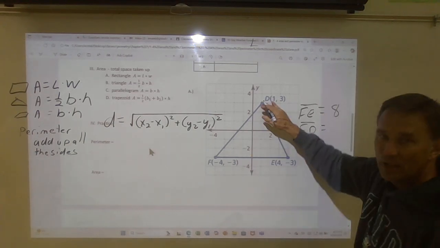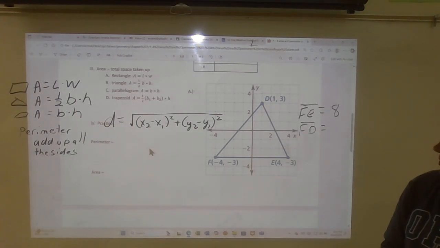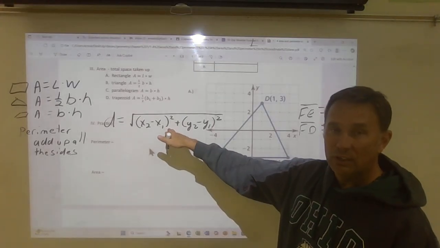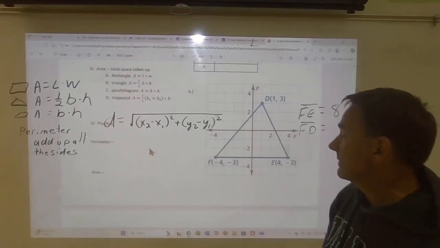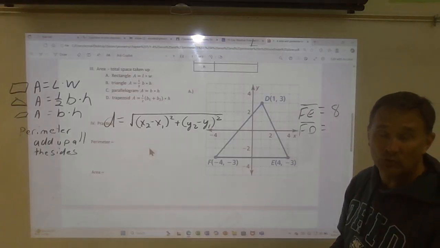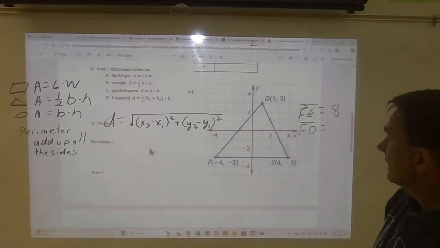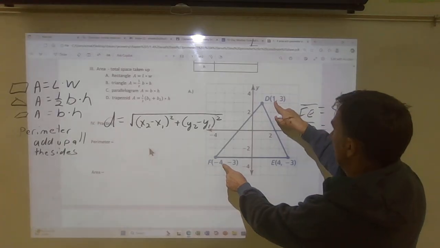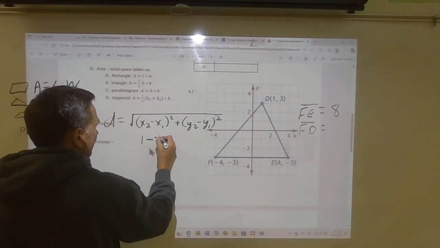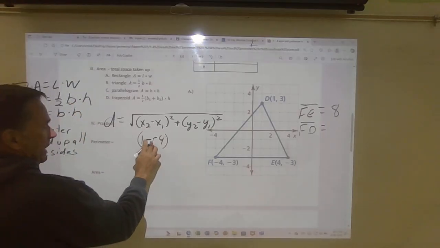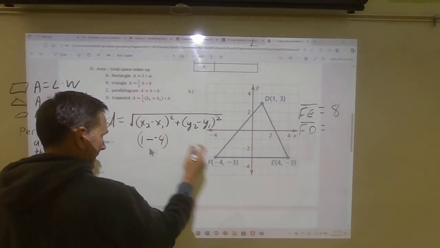Now, if we want to see what FD is, we're going to need to use our distance formula that we learned last section, which here it is. The square root of x2 minus x1 squared plus y2 minus y1 squared. So we identify our two x values, negative 4 and 1. 1 minus a negative 4. Don't forget we have a double negative here because it's minus the negative.